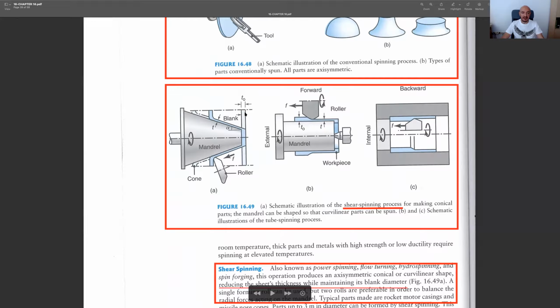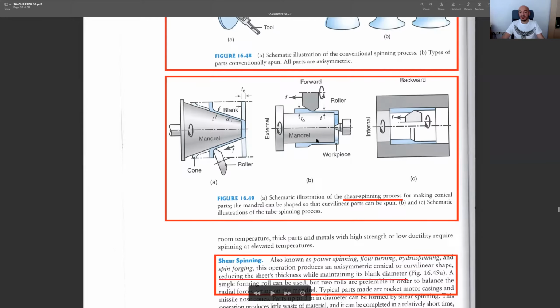You see our aim is actually to decrease the thickness of this initial sheet metal and have a kind of cup shape. And another thing is that the diameter is the same. As you see, this is the initial diameter, and once the process is completed, again, our cone will have the same outer diameter, but the difference is that it has less thickness, and this is called shear spinning.